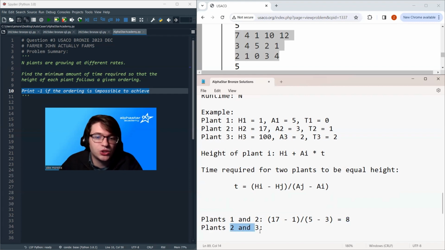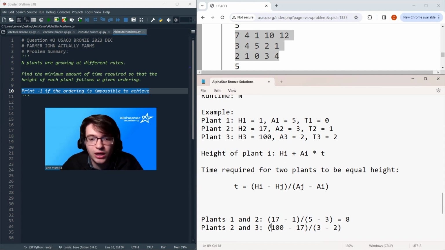How about for plants 2 and 3? So for plants 2 and 3, we need 100 minus 17, right? So that's going to be H3 minus H2 over A3 minus A2. Or sorry, A2 minus A3, so we get 3 minus 2.